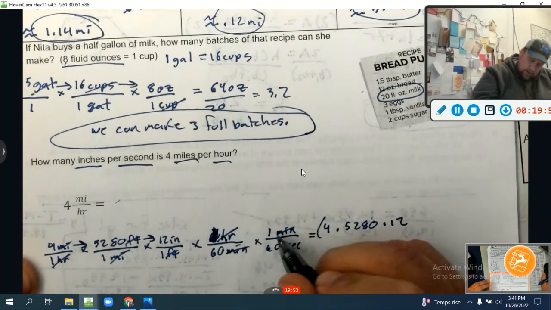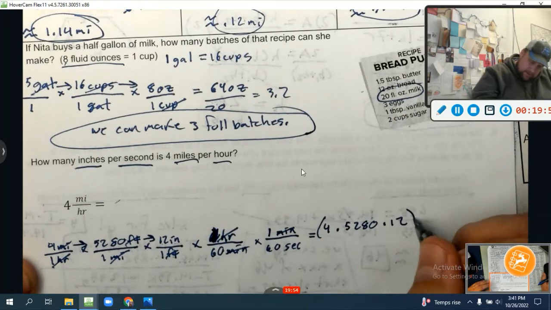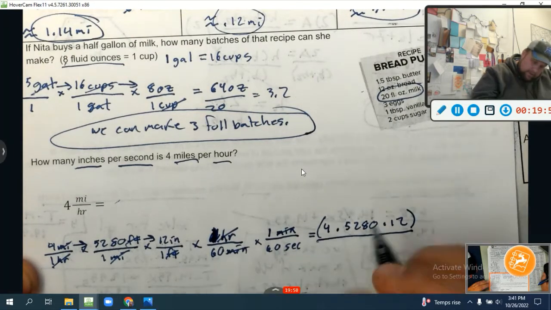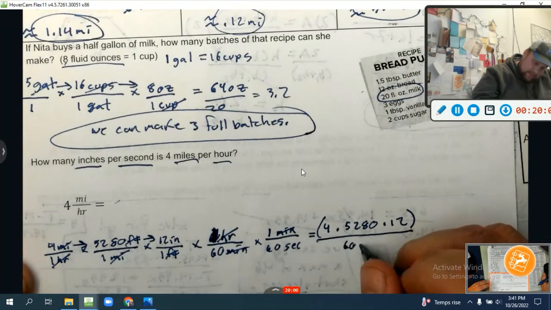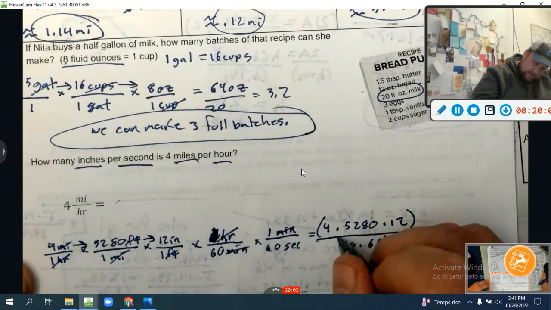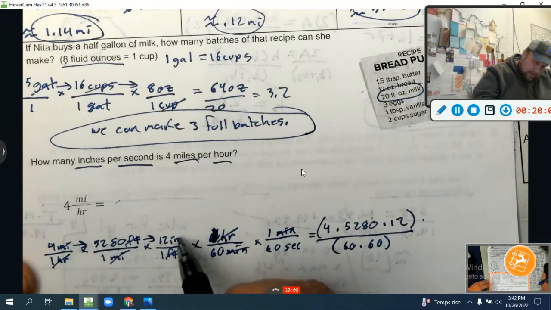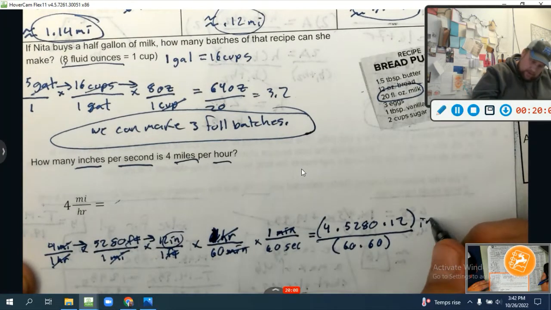And when I divide, I have the 1, 1, and 1. Don't worry about that, but I'm going to divide by 60 times 60. Boom. And what do I end up with on top? I end up with inches as a unit, all over seconds as a unit. Those are the only two that aren't crossed out.